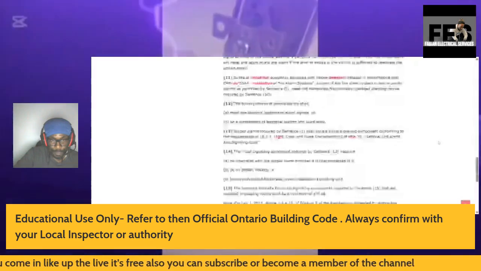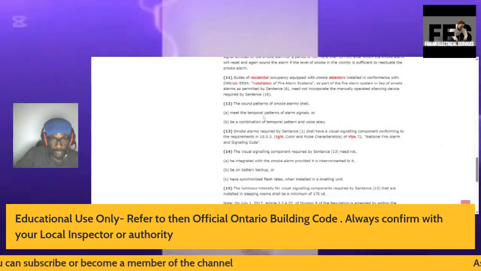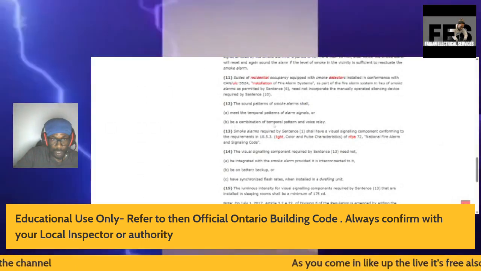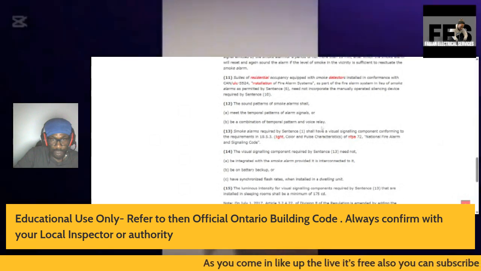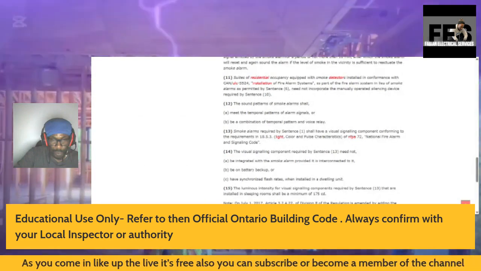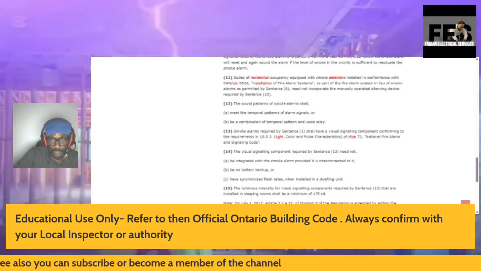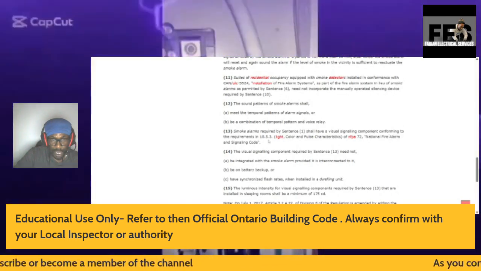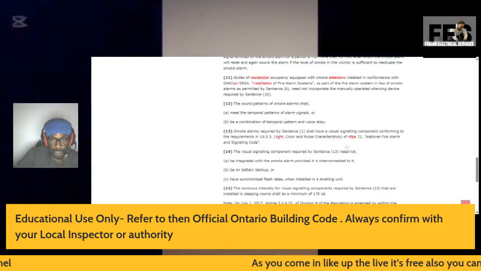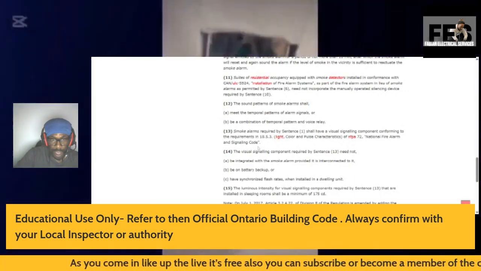The sound patterns of smoke alarms shall meet the temporal patterns of a smoke alarm signal or be a combination. Smoke alarms required by sentence 1 shall have a visual signaling component conforming to the requirements in 18.5.3, light color and pulse characteristics of NFPA 72, National Fire Alarm and Signaling Code.